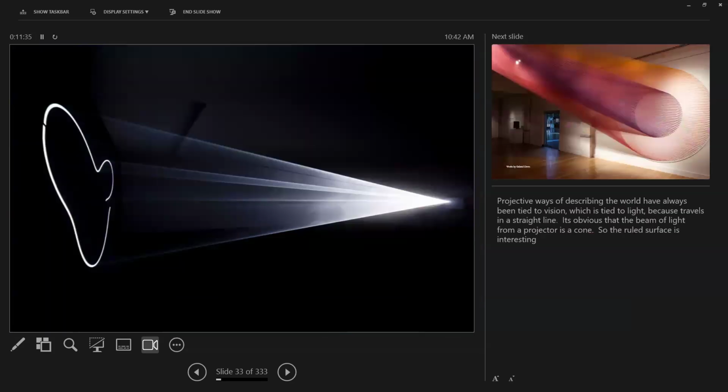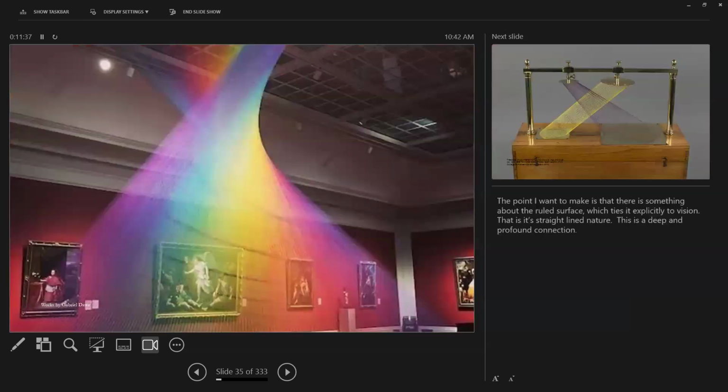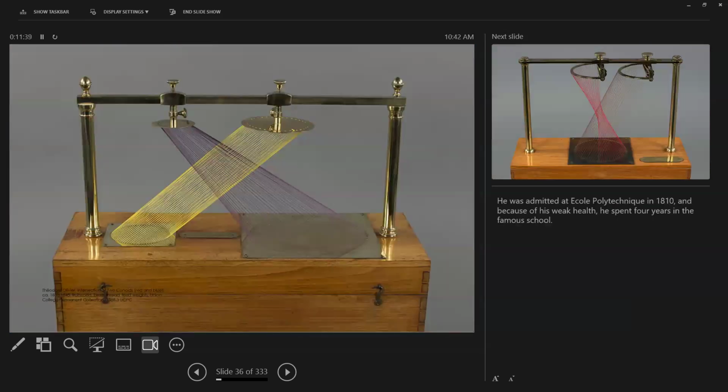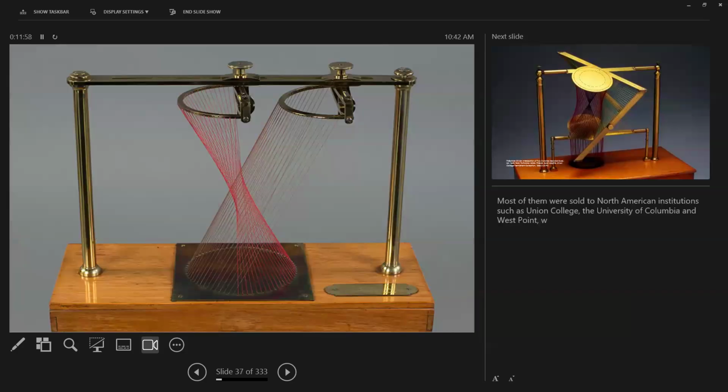And I think these set of images explain why that's connected. This person, Theodore Olivier, was Monge's student, and Monge made some models, but he also started making many of them. And these string models were built at the same time that projective geometry and descriptive geometry were being founded.